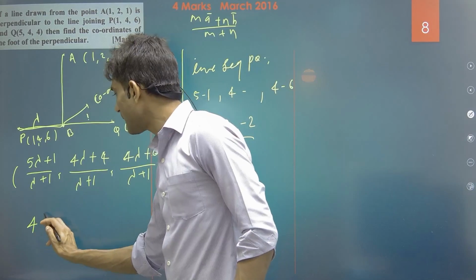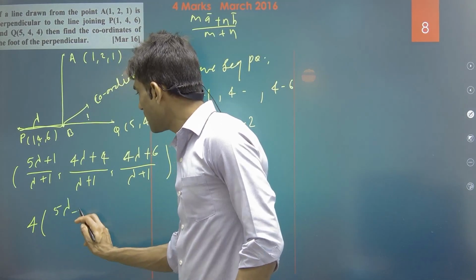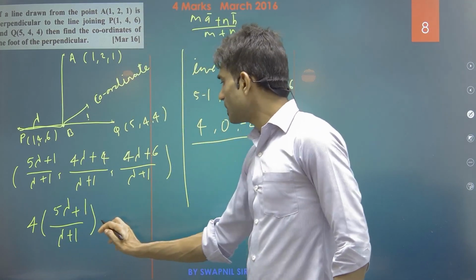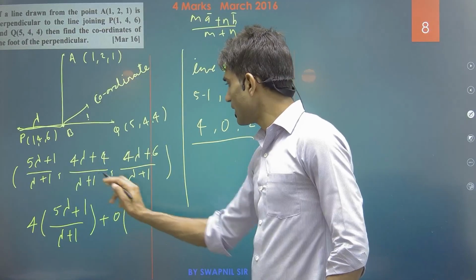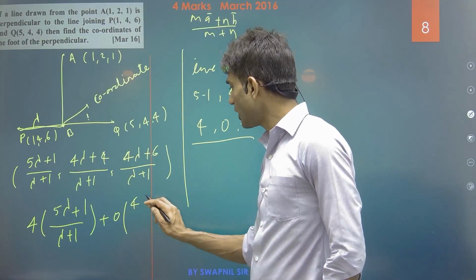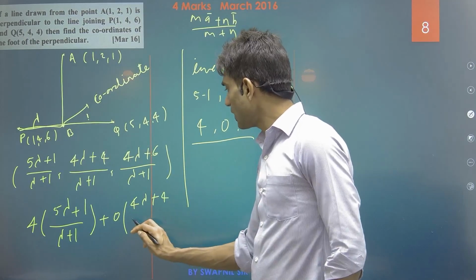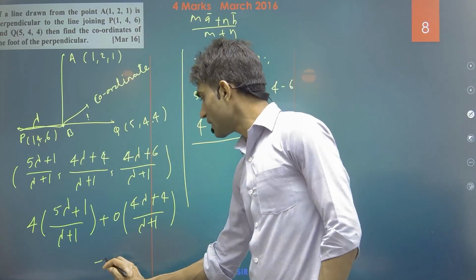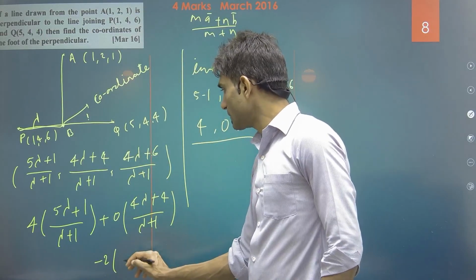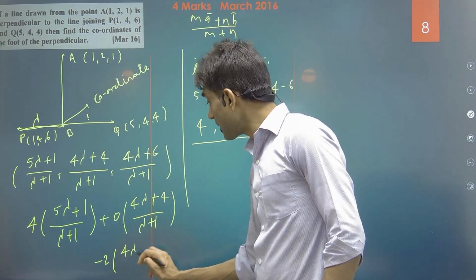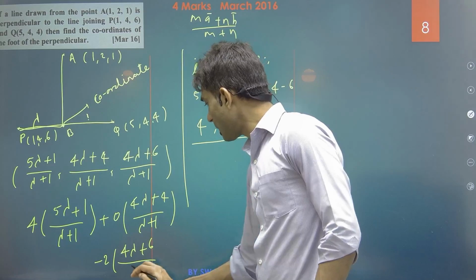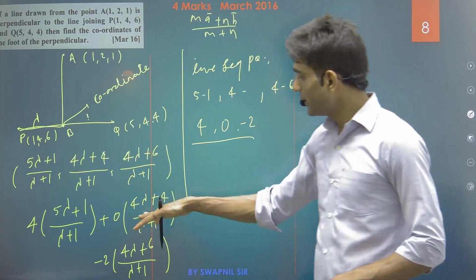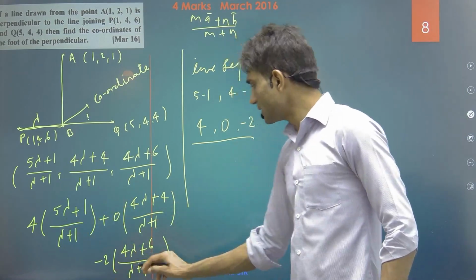So 4 multiplied by (5 lambda plus 1) divided by (lambda plus 1), plus 0 times the second coordinate for y, (4 lambda plus 4) upon (lambda plus 1), and at the end minus 2 times the coordinate for z, (4 lambda plus 6) upon (lambda plus 1). So 0 into this goes to 0, 4 into the first, and minus 2 into the last.